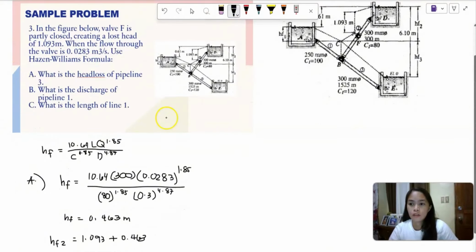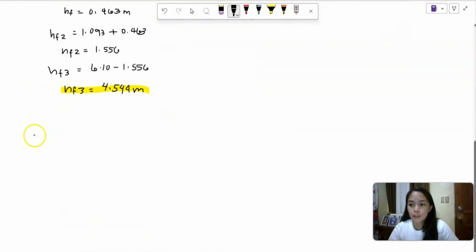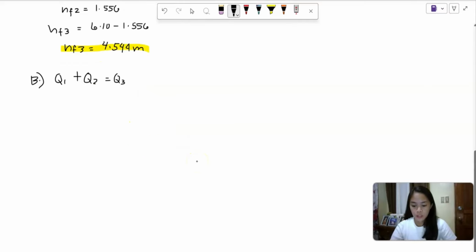So second question is, what is the discharge of pipeline 1? So for the discharge, we will use this equation. So Q sub 1 plus Q sub 2 is equal to Q sub 3. So first, in order for us to get the Q sub 3, we will use the loss equation in pipe 3. So 10.64.